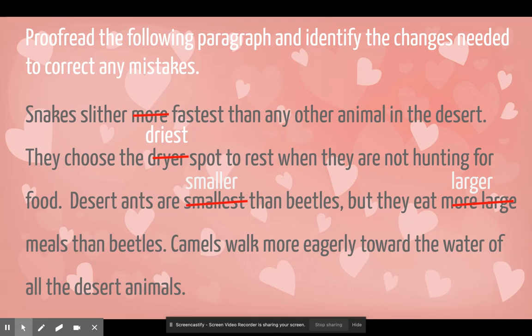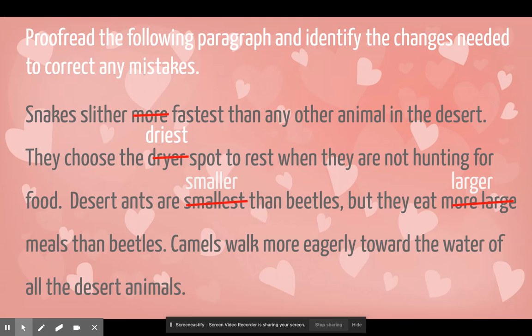Again, large is a one syllable word, and we're not going to add more unless it ends in ly. And they are comparing eat. The verb is eat, and we're looking at what they eat, and they eat larger meals.